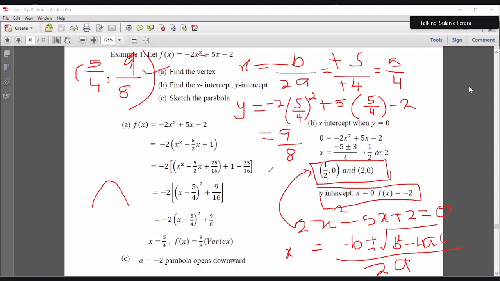Right. So can we plot the graph then? The vertex is (5/4, 9/8), so it's a little bit more than 1, somewhere here. Right, and it opens downward.